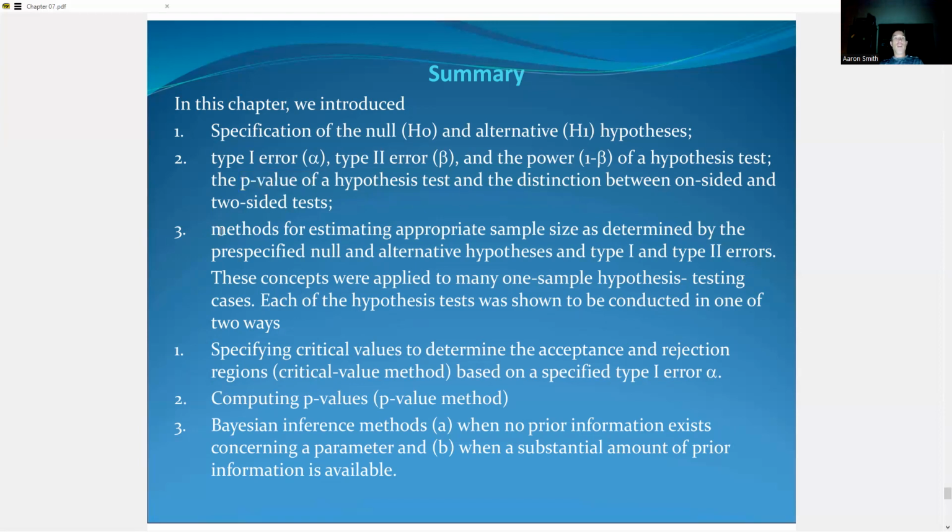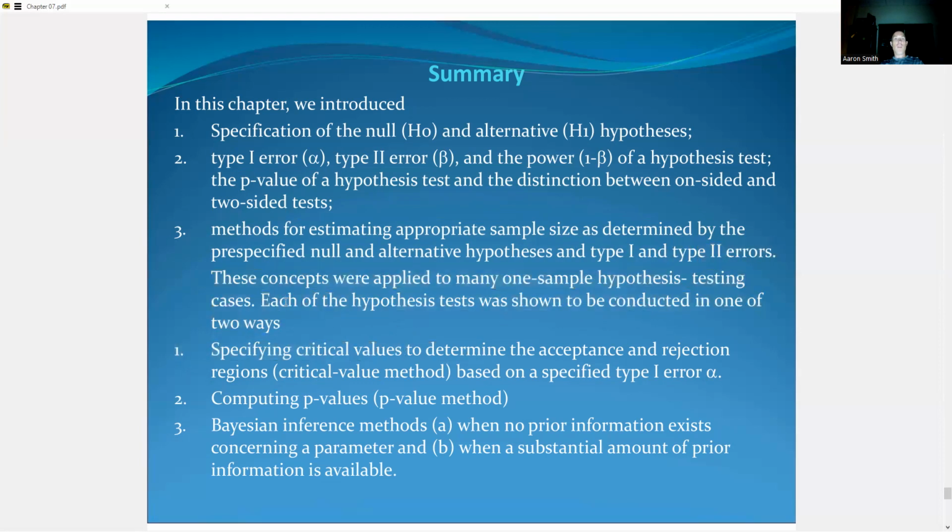Methods for estimating approximate sample size as determined by the pre-specified null and alternative hypotheses, and type 1 and type 2 errors. These concepts were applied to many one-sample hypothesis testing cases.